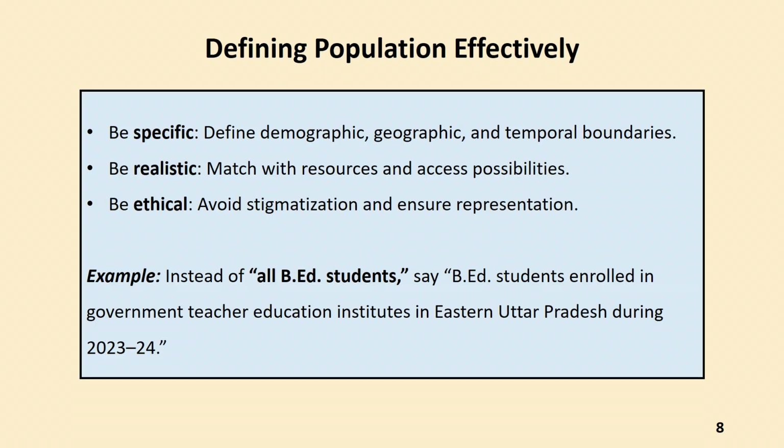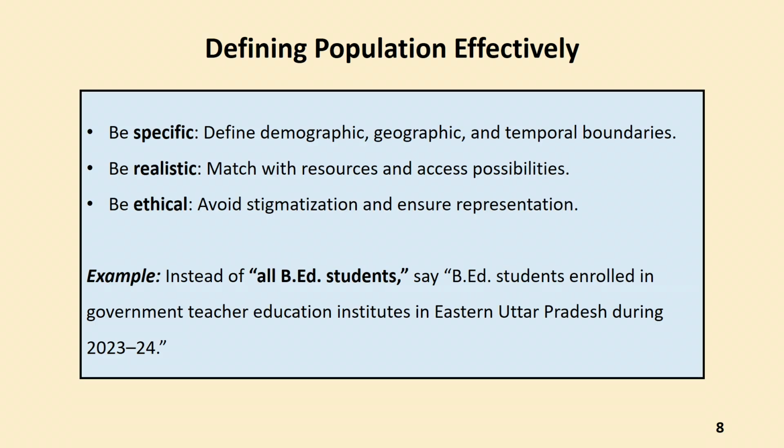So this is a phase where a researcher comes into action in the field in a more practical manner, in a more researcher style, and your data collection competencies are reflected here the most. So be ethical whenever you are going to define your population, as well as when you are thinking about how you will make your sample and other aspects of the research.